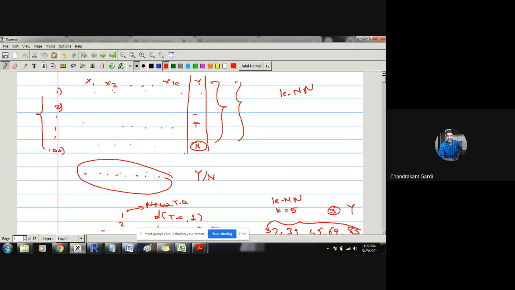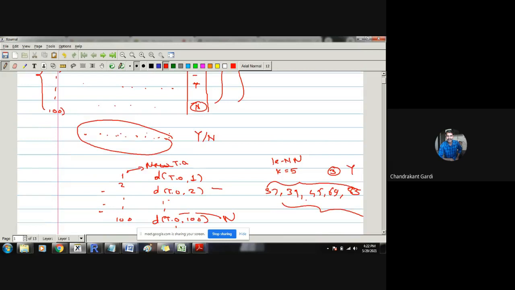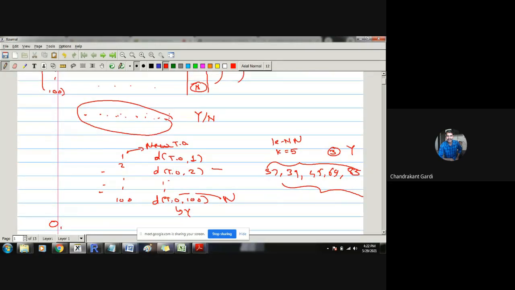Five numeric values will be there. We'll simply take the arithmetic mean of those values, and this arithmetic mean will be considered the y value for this test observation. So even if this looks like a classification model, it can still be used as a regression model.